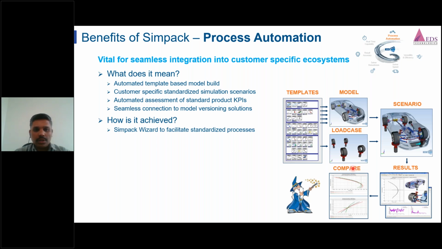So how is this achieved? You can see here there is Simpack Wizard. One component of this approach is Simpack Wizard capability, which facilitates the standard processes, as you can see on the right side. Standard templates are there, and from these standard templates means predefined models are there.